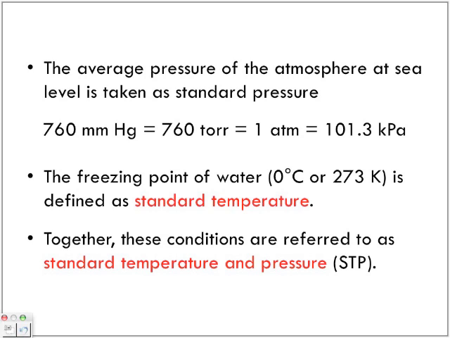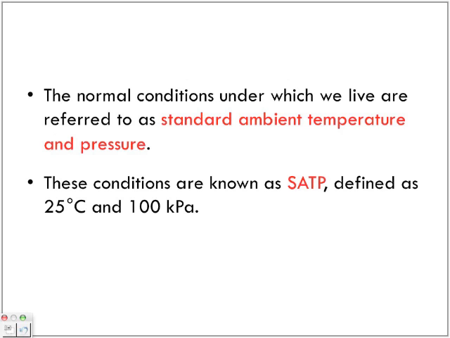So please keep that in mind, because you may be asked about STP, which means your standard pressure at 101.3 kilopascals, or 1 atmosphere, or 760 torr. Right? And we're referring to the temperature at 0 degrees Celsius.